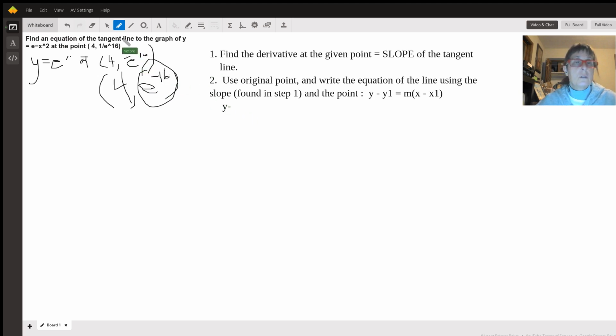We already know y1 is e to the minus 16, which is the same thing as 1 over e to the 16.